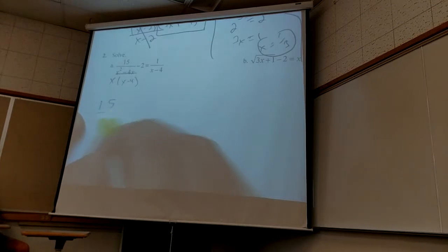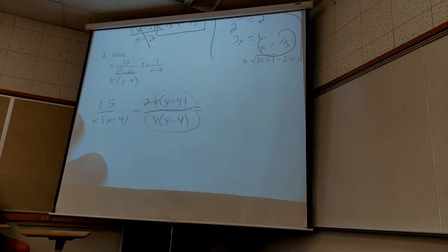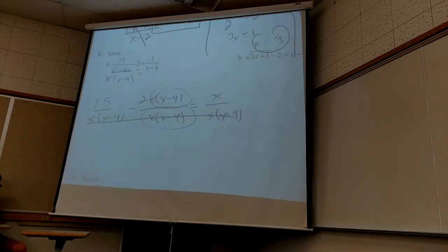So this will be 15 over x times x minus 4 minus 2x times x minus 4 over x times x minus 4. You guys with me? So you give this guy everything, because he ain't got anything. He's just over 1. And what's this guy need? X. Then you can cancel the bottom. Since it's an equation, you can multiply by that denominator and kill them. Are you guys with me?